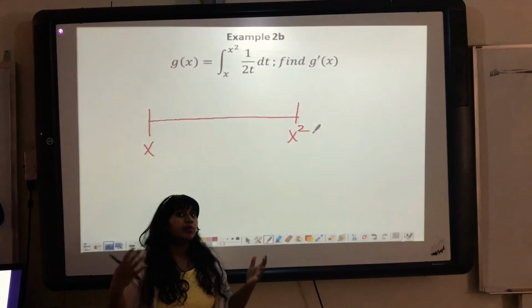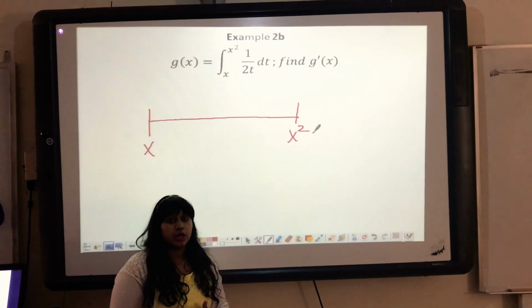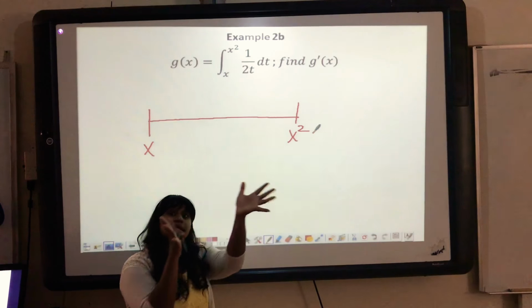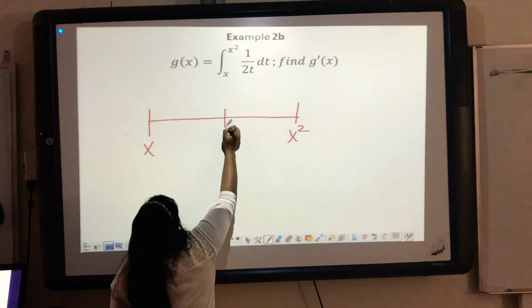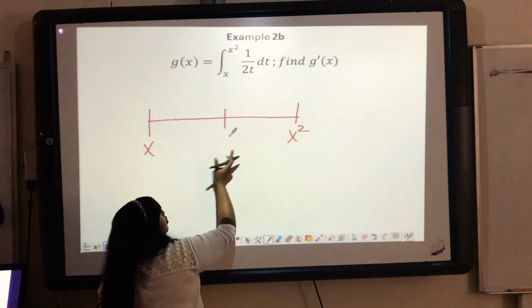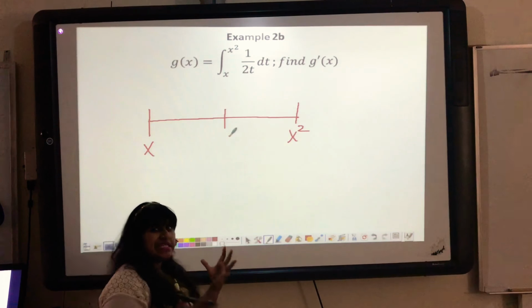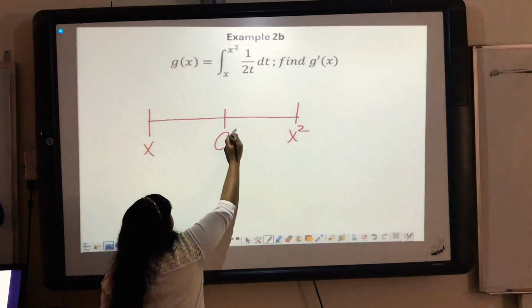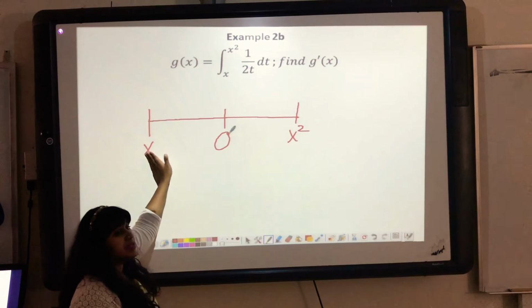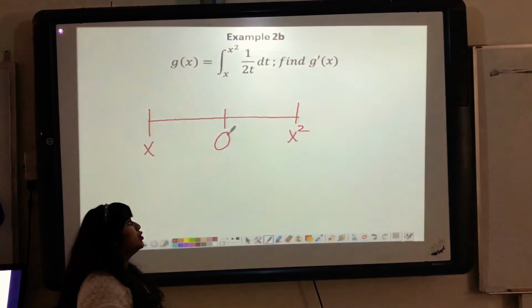Well, we learned about a property of integration called additivity, where we could split up an integral. Well, how do we do that? So we're going to say some constant value point is in between them. What's the easiest constant value point for me to pick? 0. So we're going to go from x to 0 and then from 0 to x squared.